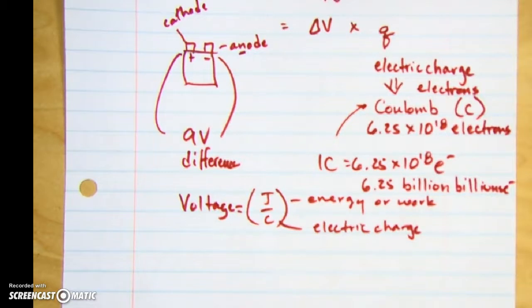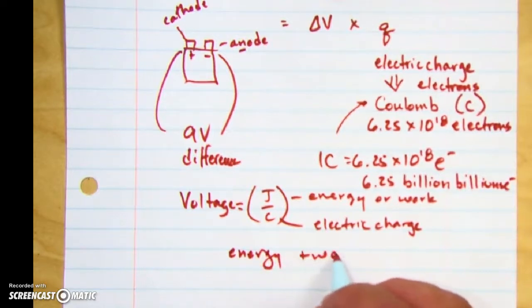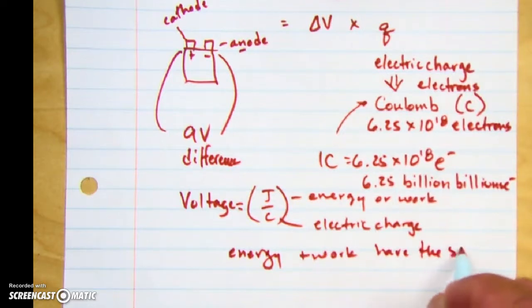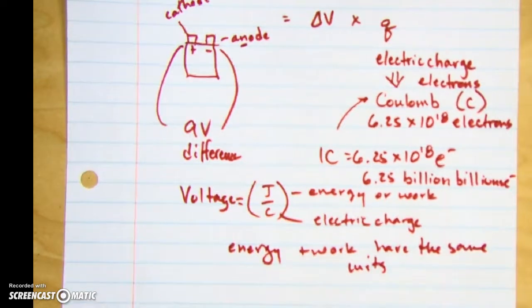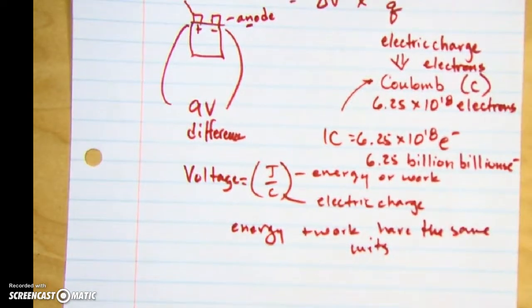It's the energy per unit charge. The key thing to get out of this is the fact that energy and work have the same units. There's no difference. The only real difference is that work is physically causing energy to be used and doing something.